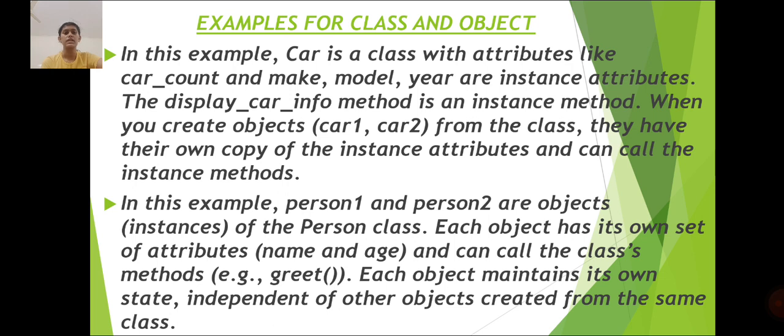And the next example: person1 and person2 are objects, which are called instances of the Person class. Each object has its own set of attributes, name and age, and can call the class's methods, for example, greet. Each object maintains its own state independent of other objects created from the same class.